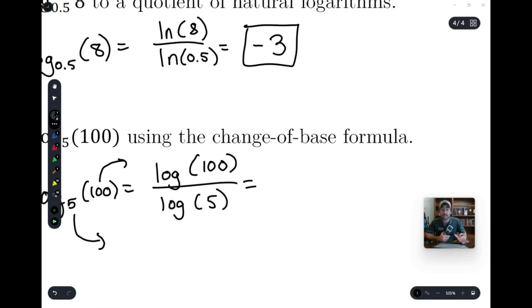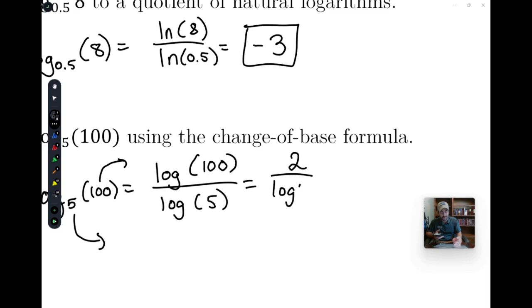Though the top one we don't need to type in at all because we know the log of 100. 100 is just 10 squared, so it should be 2 on the top. I'm going to check and make sure though. Log of 100, 2, over the log of 5. Still can't do without a calculator. So now in our calculator, 2 divided by log of 5 is 2.86.